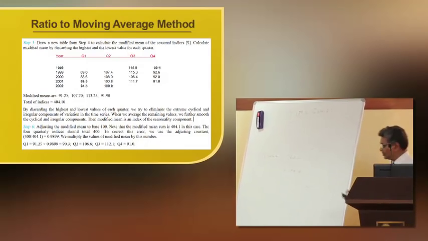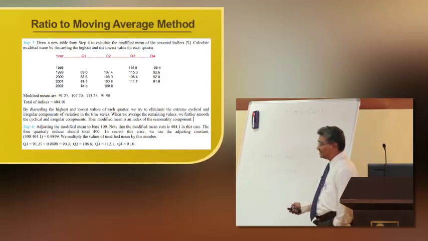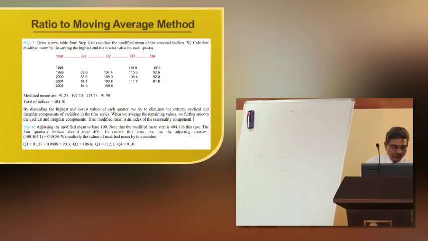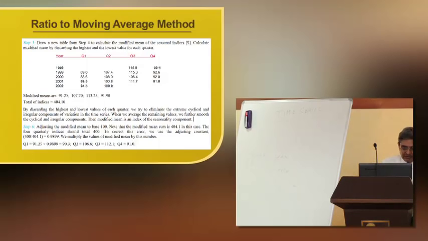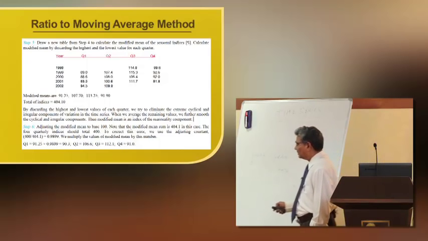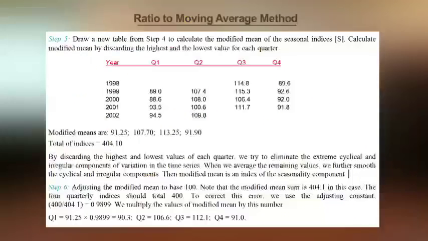So we have reduced it to base 100, and we have to convert that accordingly. When we do it, 91.25 into 0.9899, it will be less than what we have got. It is 90.3 for quarter 1, 106.6 for quarter 2, 112.1 for quarter 3 and 91.0 for quarter 4.